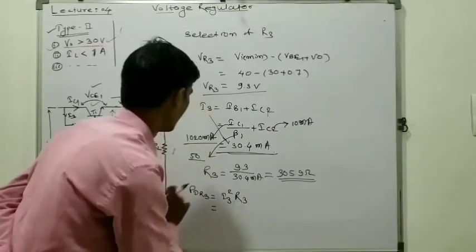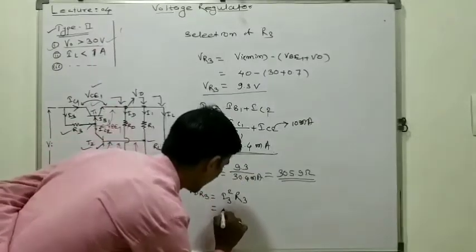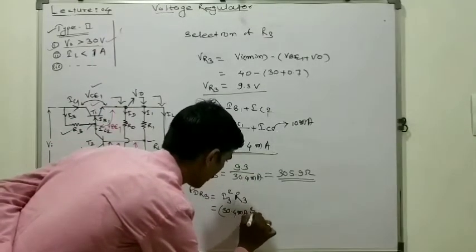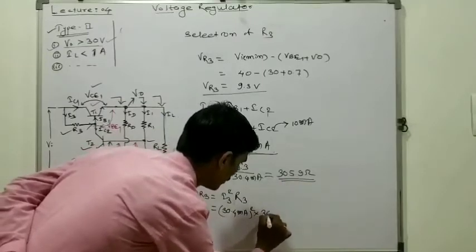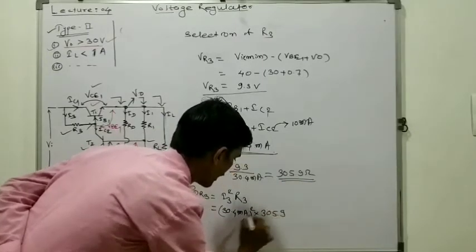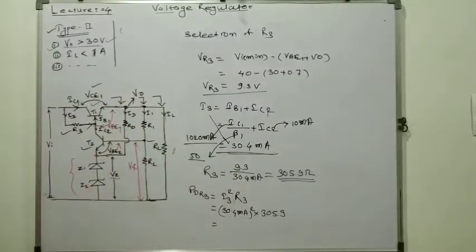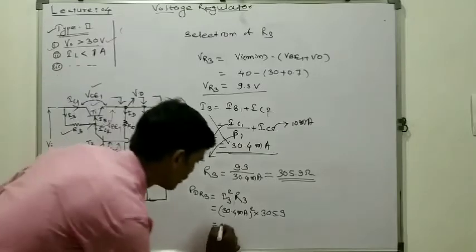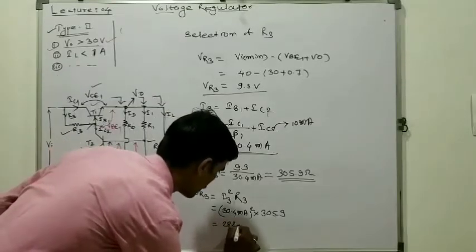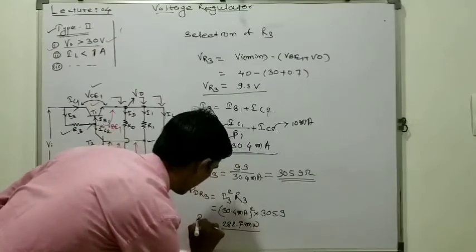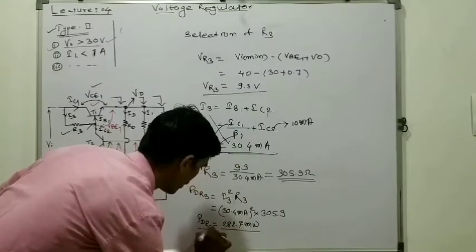So the value of I3 is 30.4 milliampere square multiplied by 305.9 ohm. So PD R3 is equal to 282.7 milliwatt. This is nothing but the power dissipation across R3.